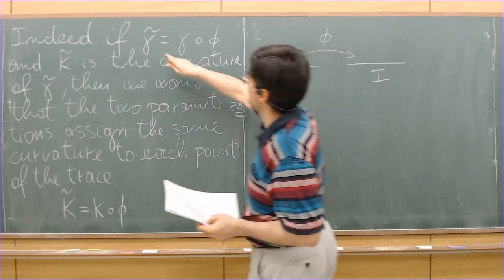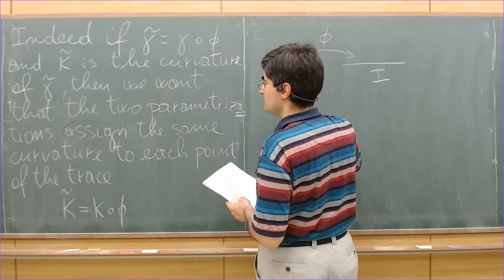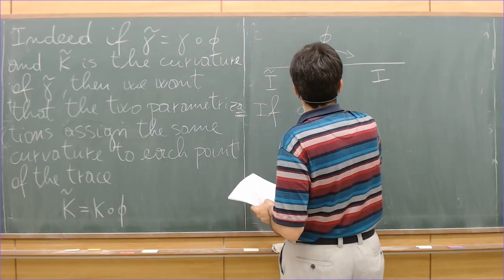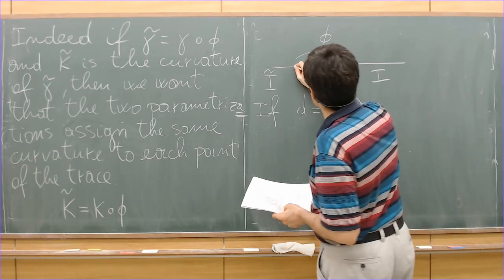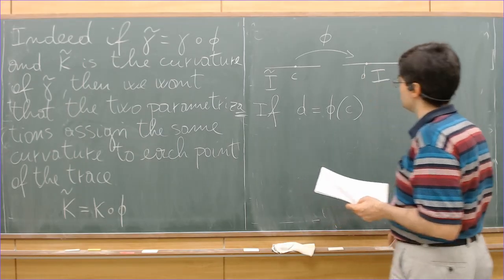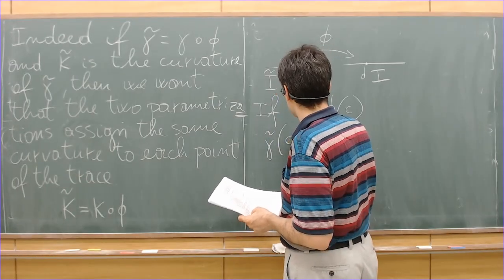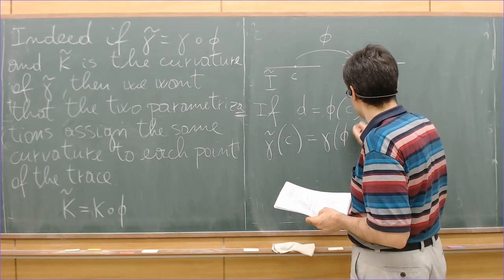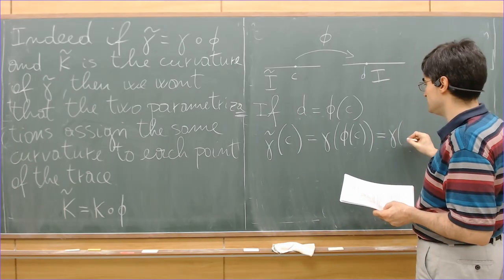So if gamma tilde is this reparametrization of gamma, then if D is phi of C, so if C is this point and D is this point, then we have by definition that gamma tilde of C is given by gamma of phi of C, and this is equal to gamma of D.